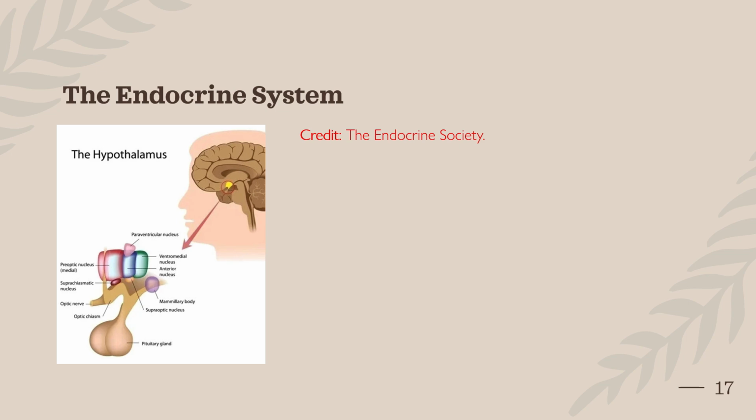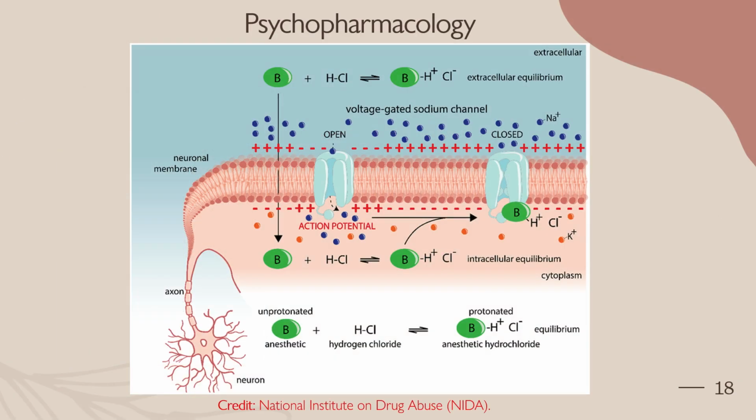The endocrine system is our body's hormone regulator, and it plays a massive role in bipolar disorder through our internal body clock. This clock is in a part of the brain called the suprachiasmatic nucleus.